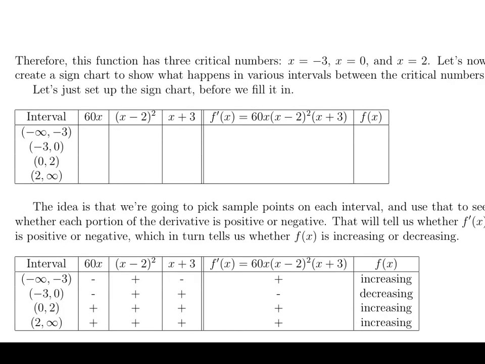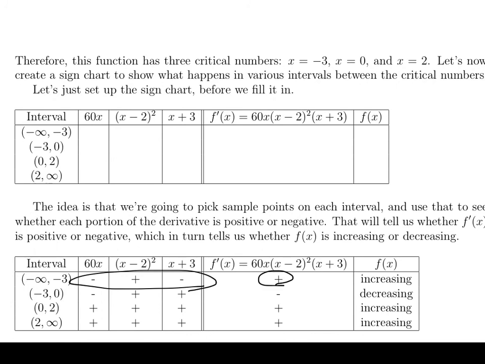So the filled-in chart looks like this. After you've decided on positives or negatives, then, for instance, this is gotten by saying, well, we multiply these numbers together. And if we multiply two negatives and a positive, then we're going to get a positive number. I don't care what positive number, I just care that it's a positive number.